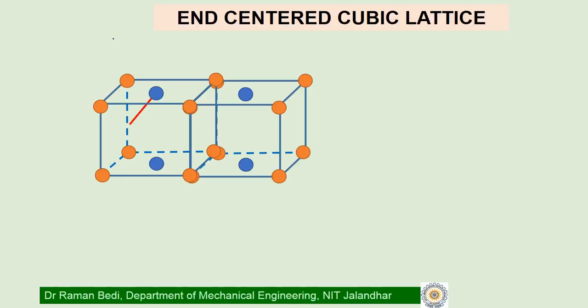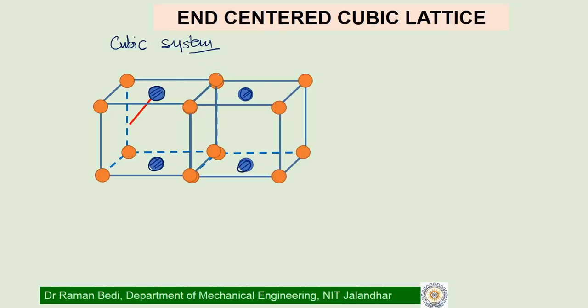So in a cubic crystal system, you can have a possibility where these two opposite faces of the cube have lattice points. The blue ones are the additional lattice points in addition to those at the corners.